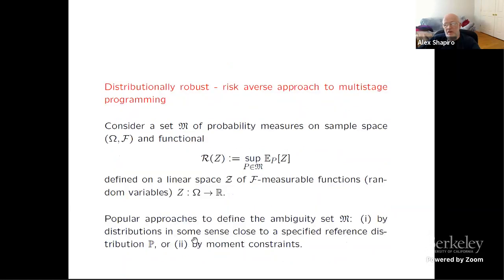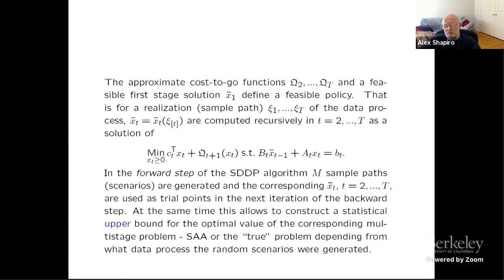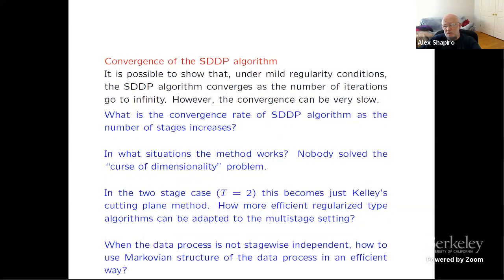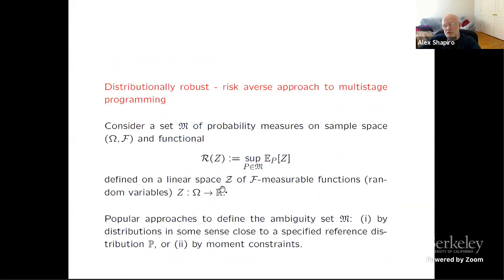I'm not sure I should talk about this, but I'll come back to it if I have time: risk averse, distributionally robust, risk averse. It turns out that this type of algorithm can be extended to a distributionally robust risk averse approach with almost no additional cost, surprisingly.